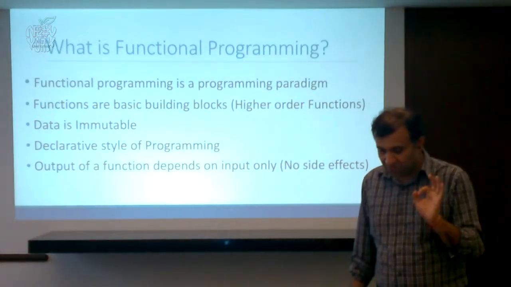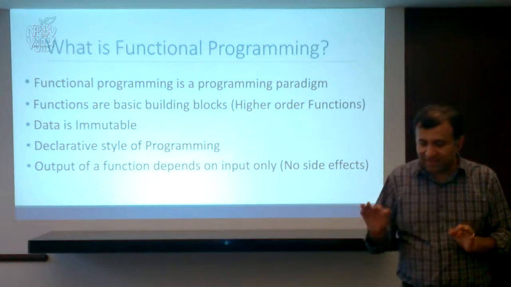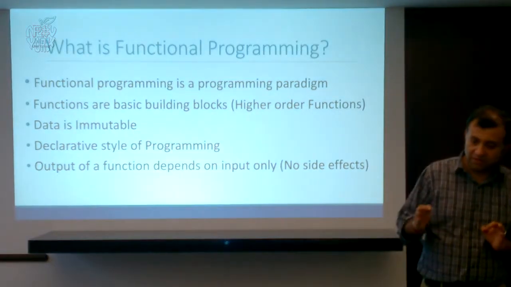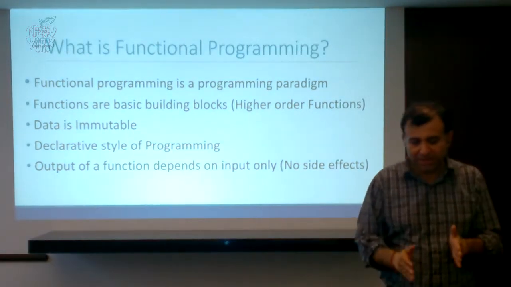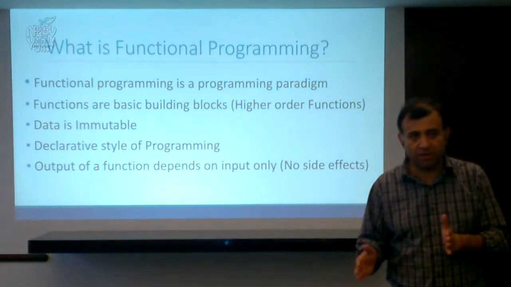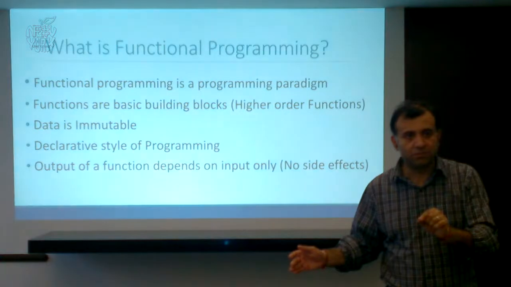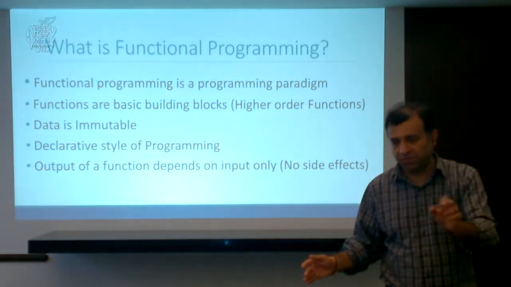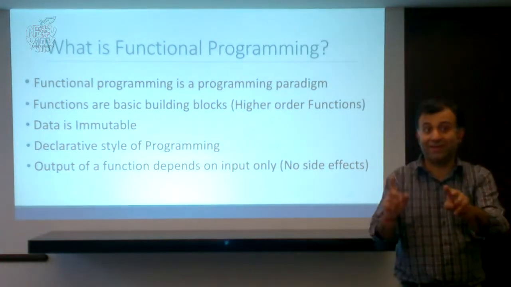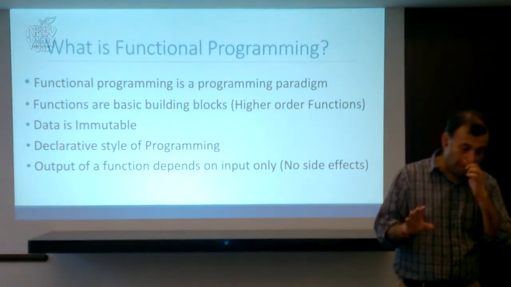But the unique feature of a pure functional language is that it does not have side effects. If you have a function that takes an input, let's say x and y, and gives you an output, your output will only depend on x and y. So as many times as you call that function with the same values, you will get the same answer.